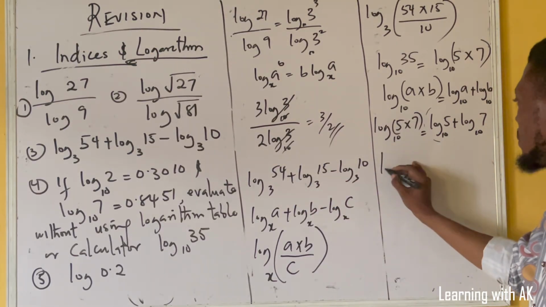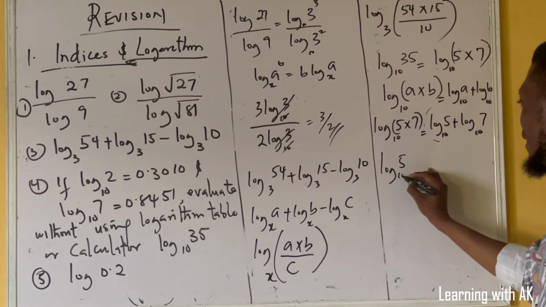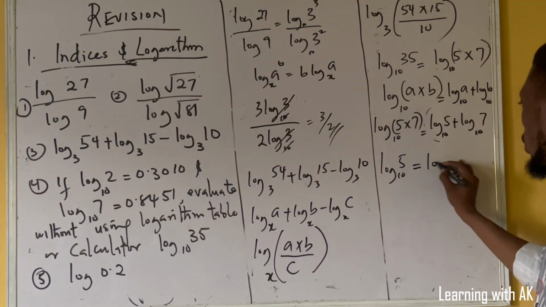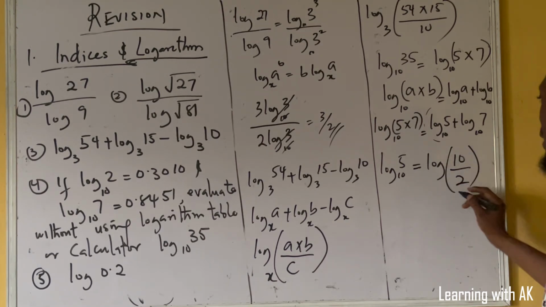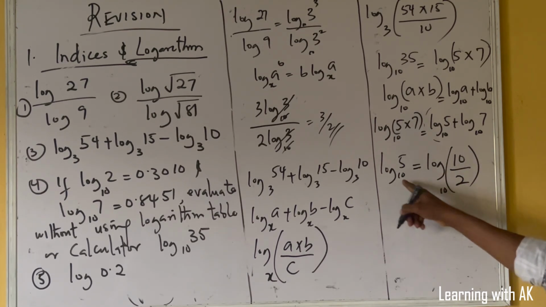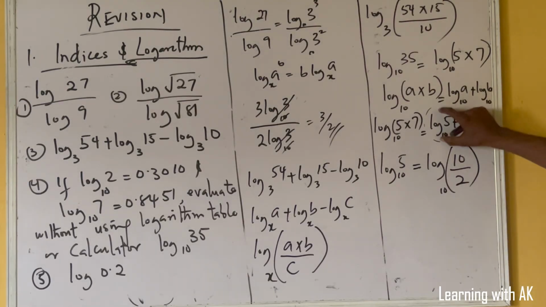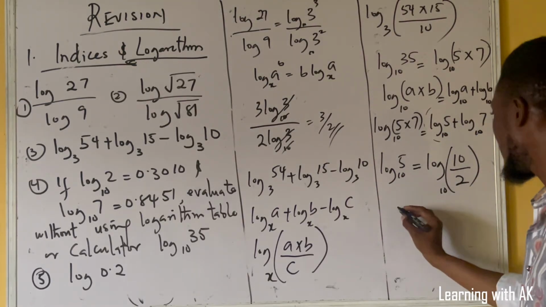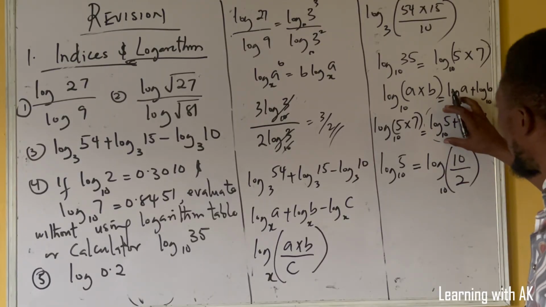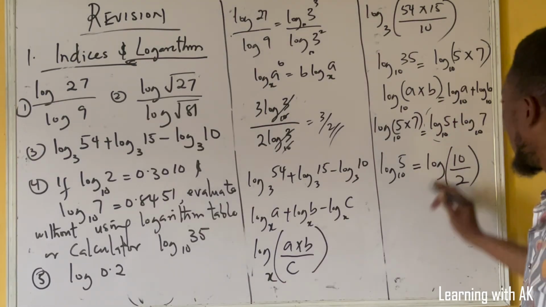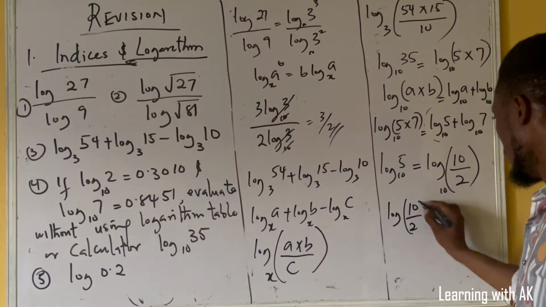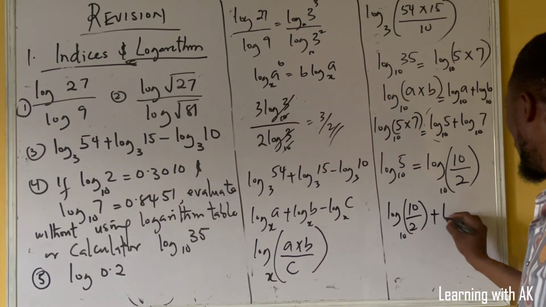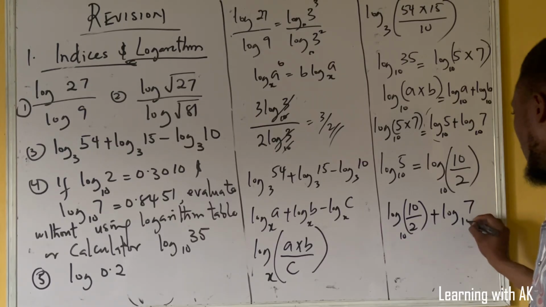Simple. You know, log 5 base 10 is the same as log 10 over 2. Do you agree with me? Yes, I know you agree with me, because 10 divided by 2 gives us what? 5. That means I can write this as this. Hence, instead of writing log 5 base 10, I'm going to write log 10 over 2 base 10 plus log 7 base 10.